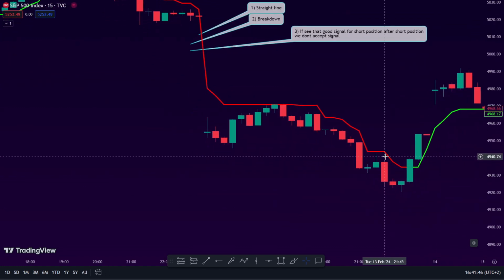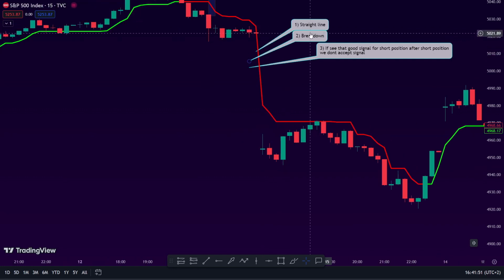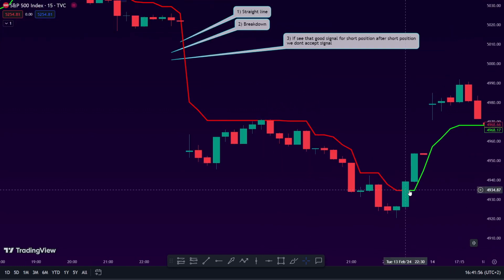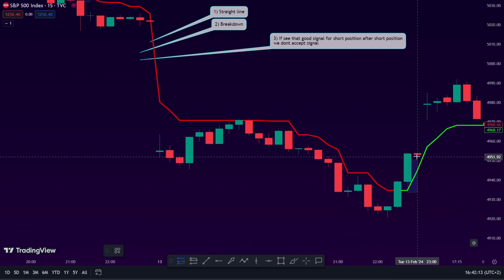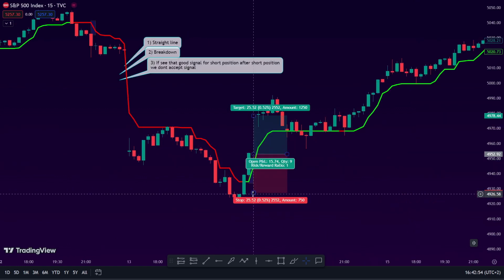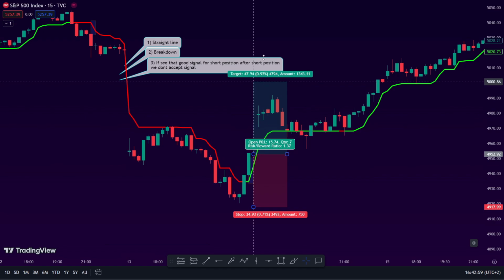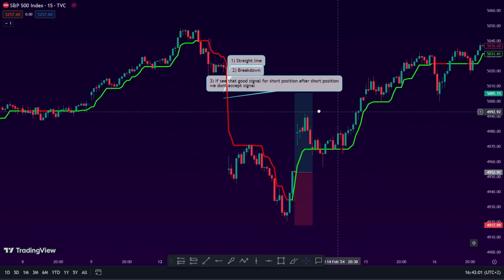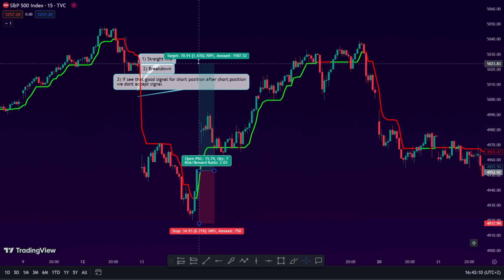As you see here, this line switches from red to green, and according to our first rule, this line is straightforward here. We don't take a position here. If we see a breakdown like this, I take a buy position when this candle forms, and I put the stop below this swing low and make a risk reward ratio of at least 1 to 1.5 or the liquidity or something like this.